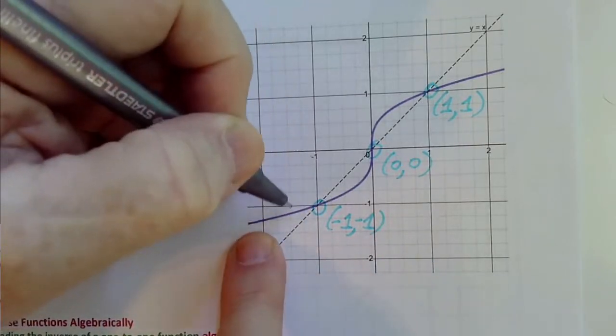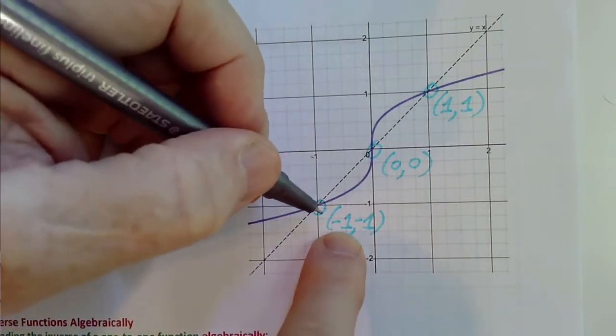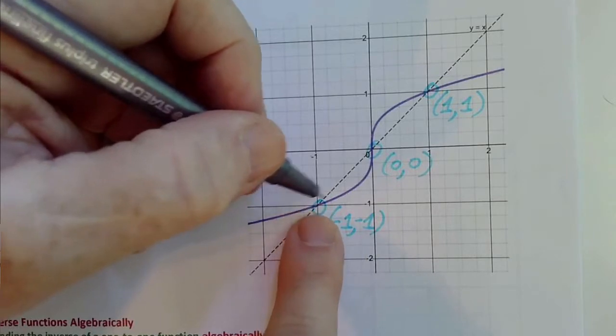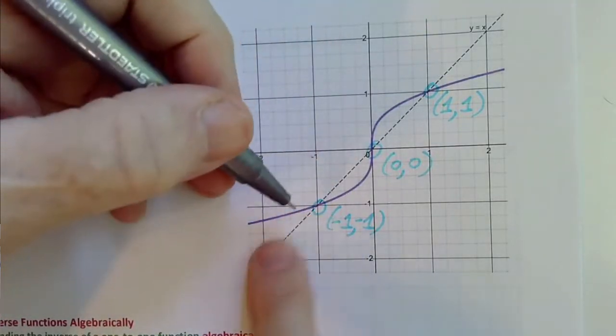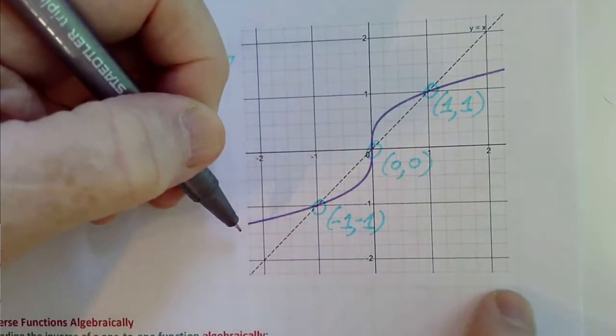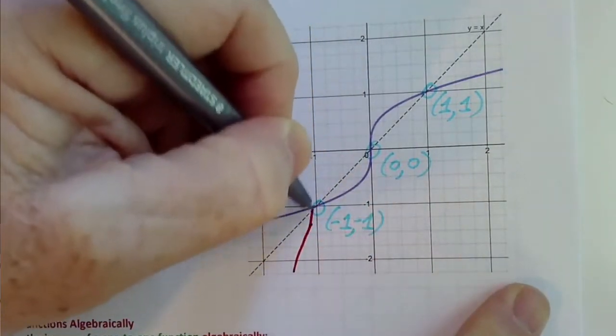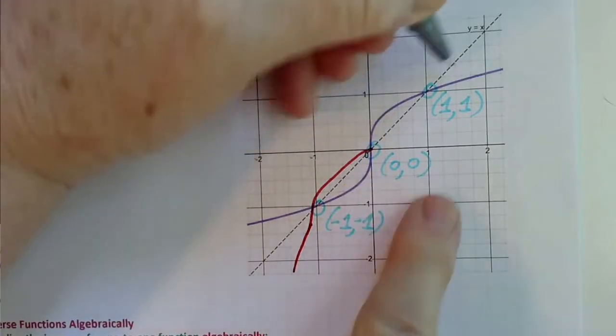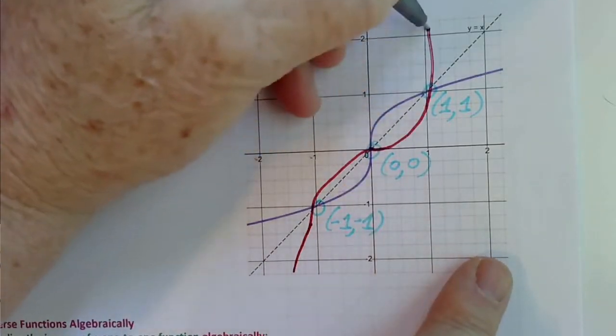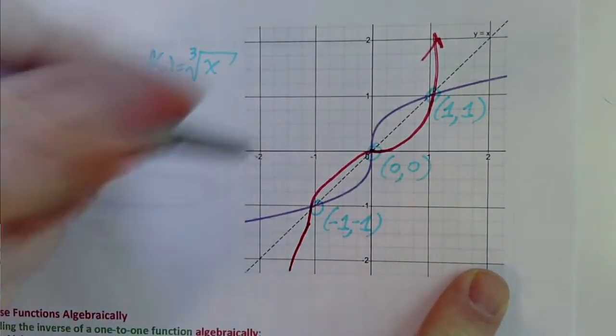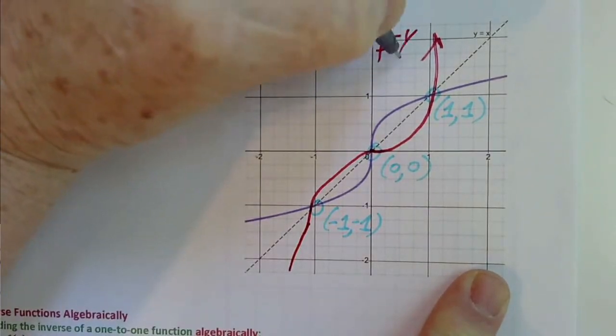I can see that below x equals -1, the graph of f is above this line, y equals x. So I'm going to start below. In between I go above. In between I go below. I'm going to hit up. So f inverse of x.